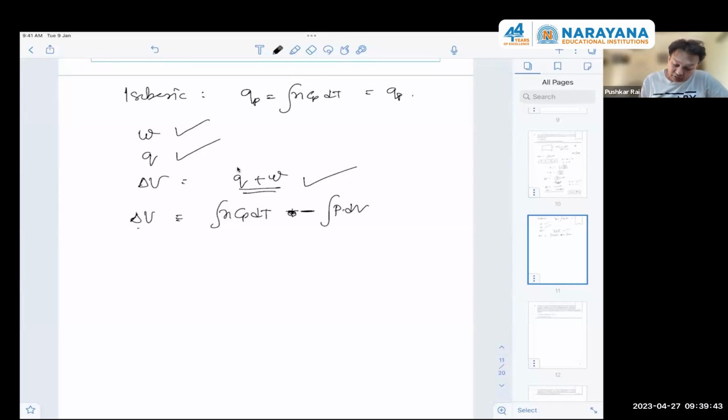So we will get delta U like this, and delta H is straightforward n Cp dT integral.